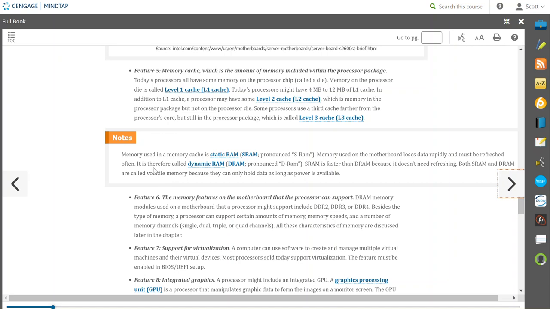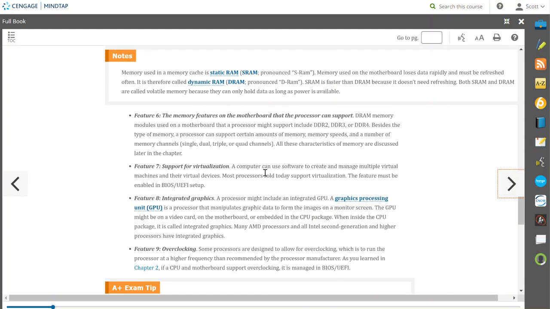Now, memory that is used in memory cache is static RAM, SRAM. Memory used on the motherboard, that short-term memory, is dynamic RAM. SRAM's faster. DRAM is not. SRAM doesn't need to be refreshed all the time. Okay.